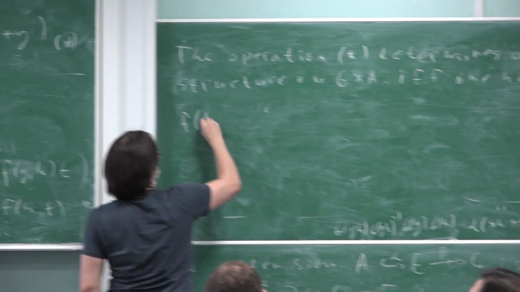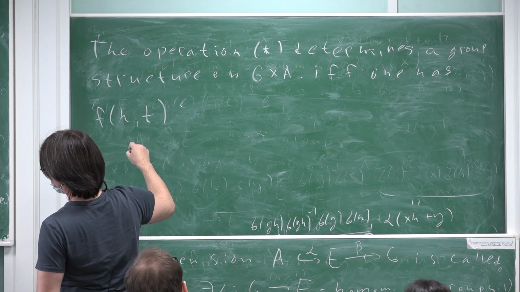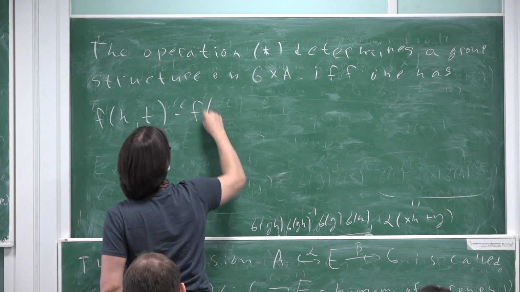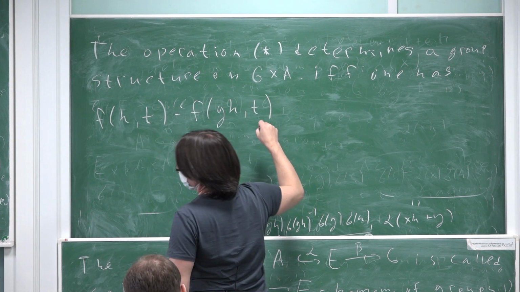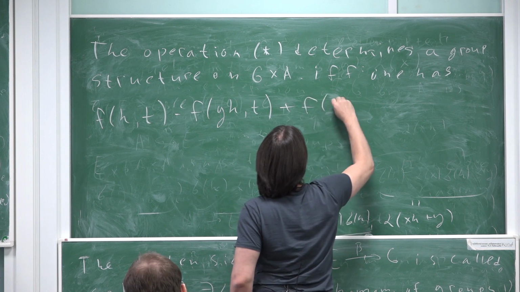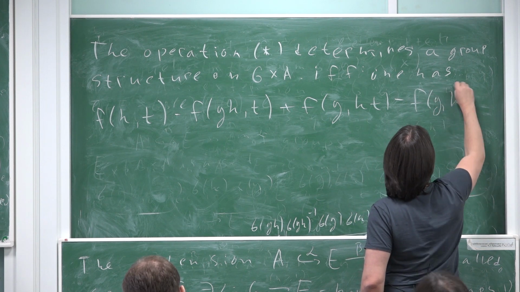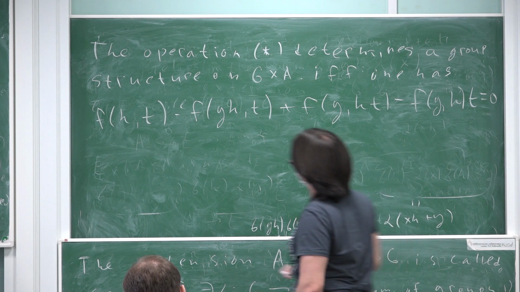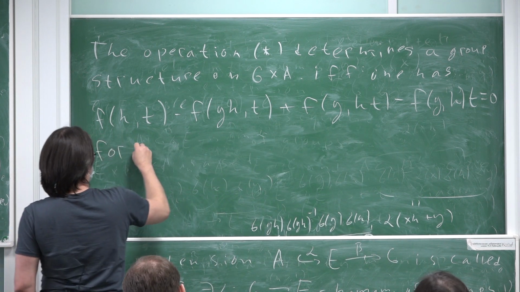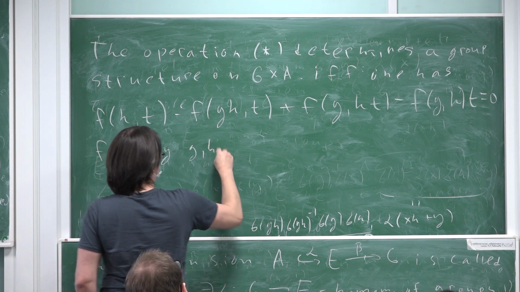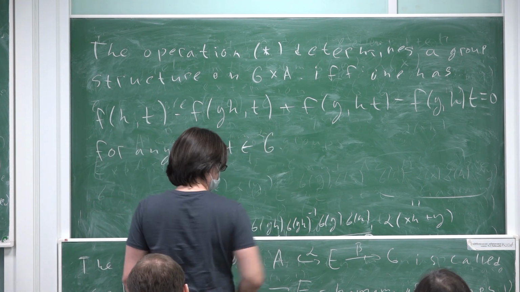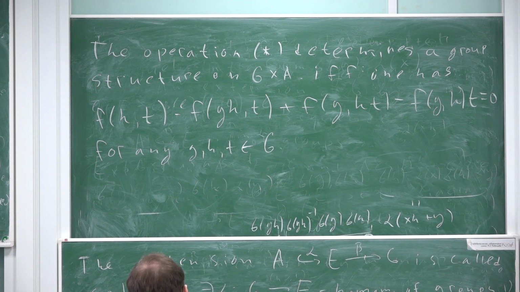So let us do this in the following way. f of HT minus f of GHT plus f of GHT minus f of GHT equals 0 for any G, H, T in G. So is it similar to something or not?